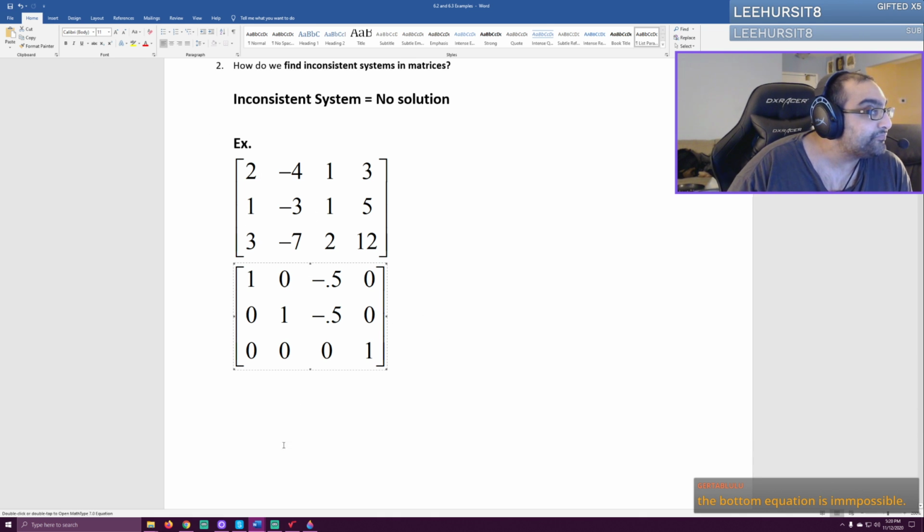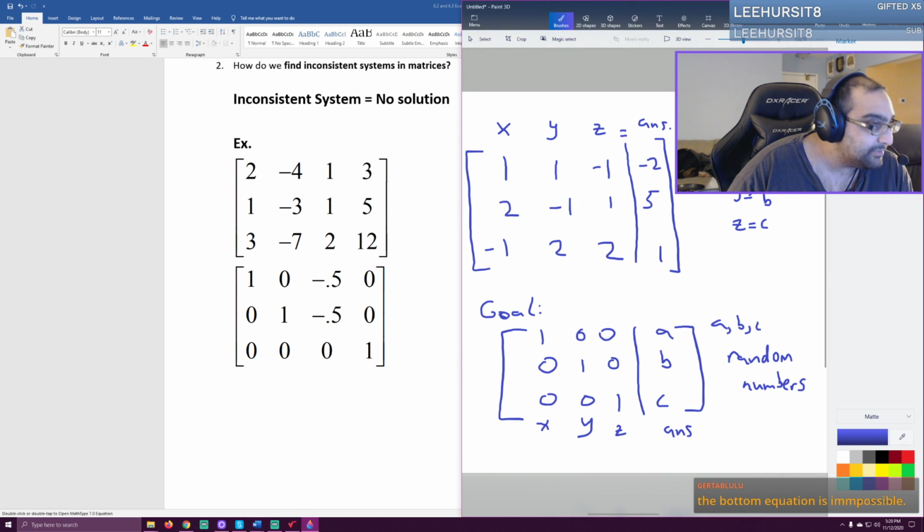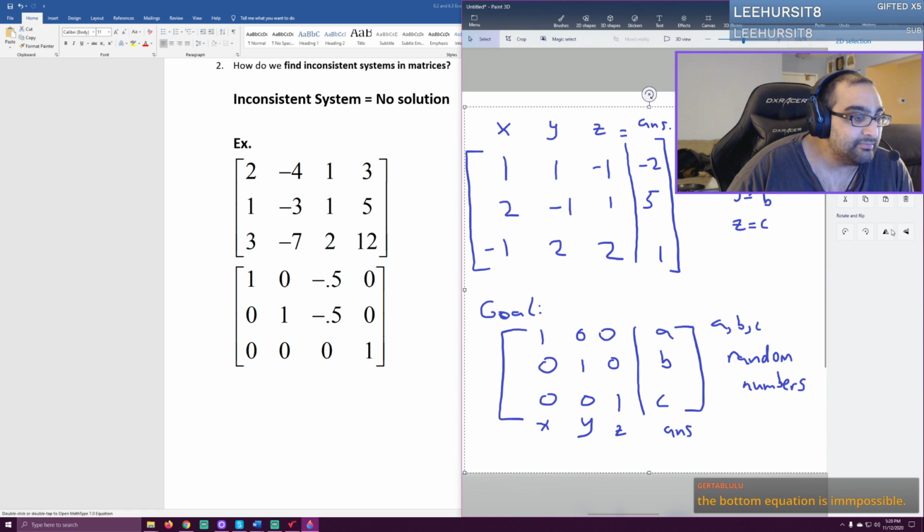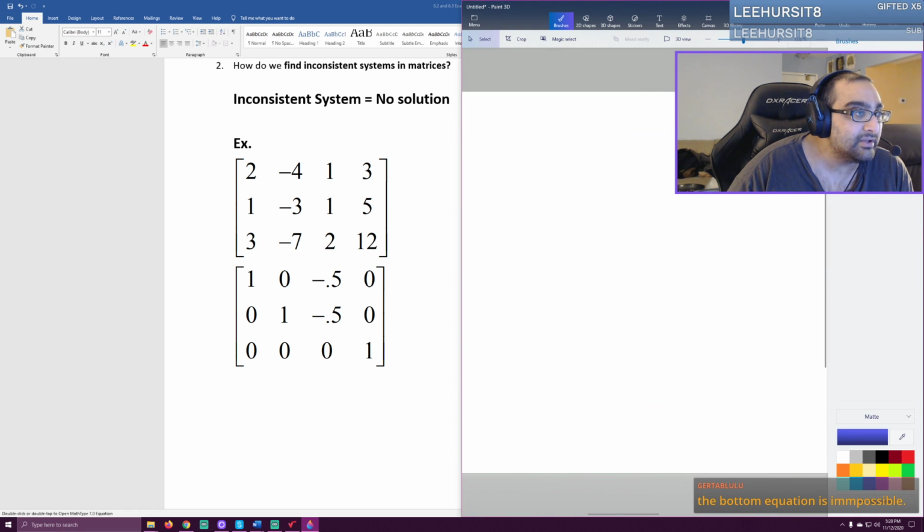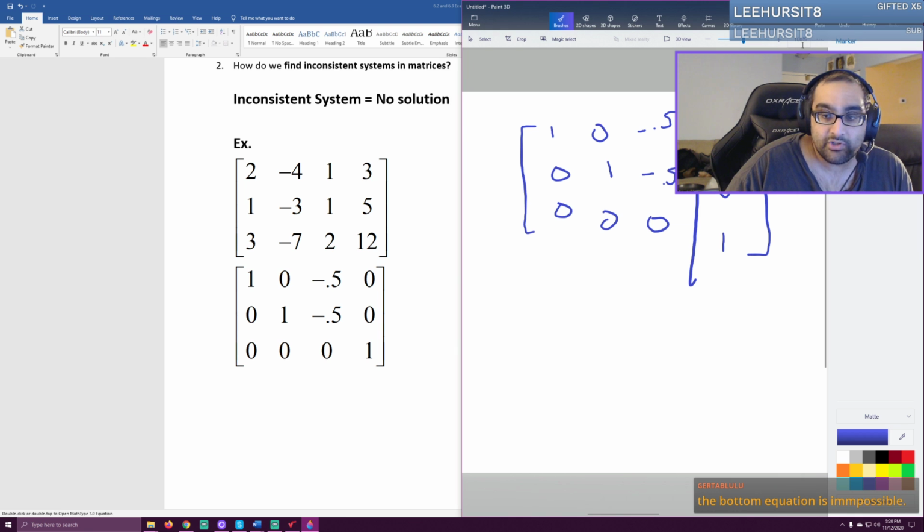So if we look here, let's copy that down here because I'm not that great with Word, but as long as I get the point across, then it's okay. So here's our resulting matrix.